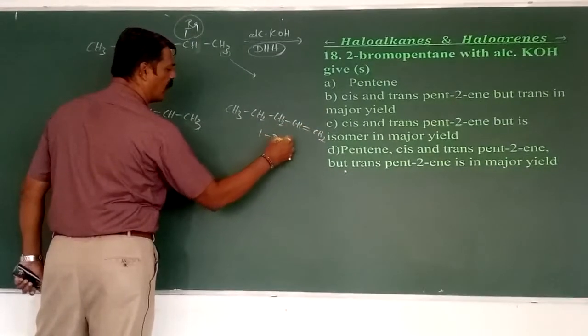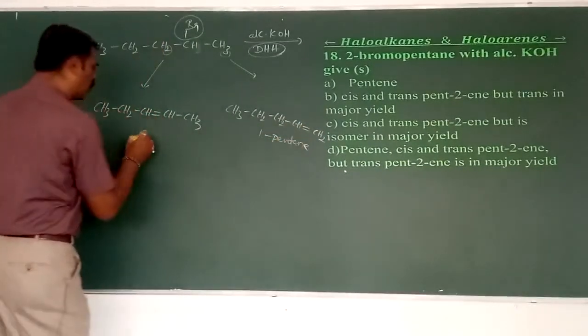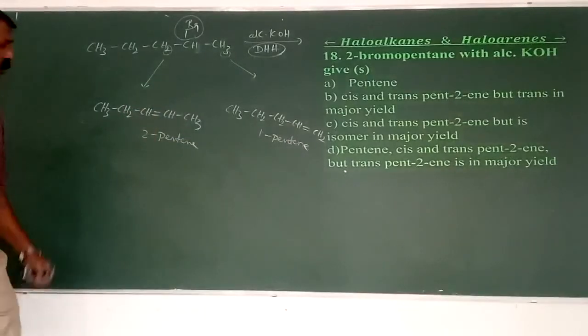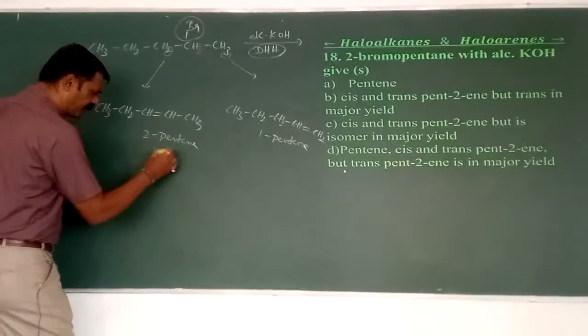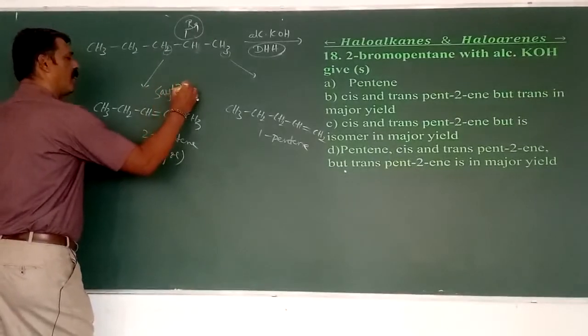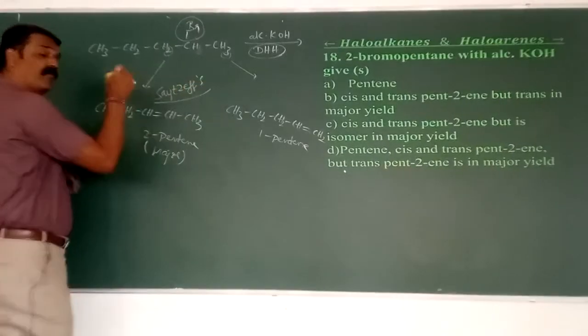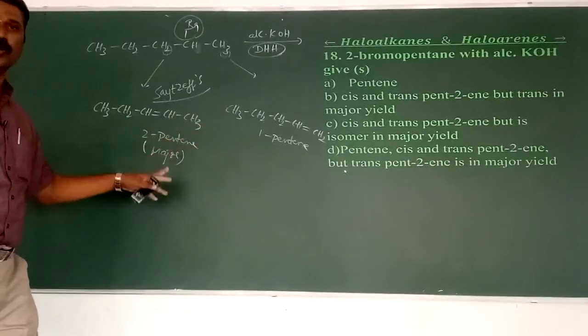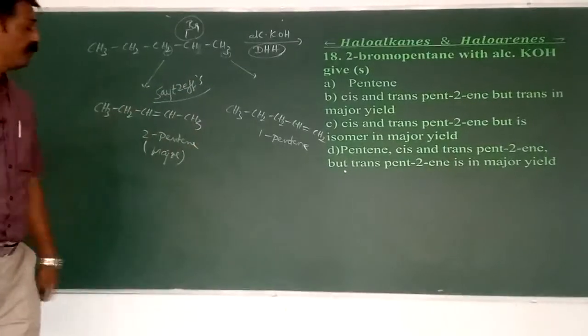This is called 1-pentene and this is called 2-pentene. No doubt, this is major according to the Saytzeff rule. I get 1-pentene and 2-pentene, but 2-pentene is found to be more.